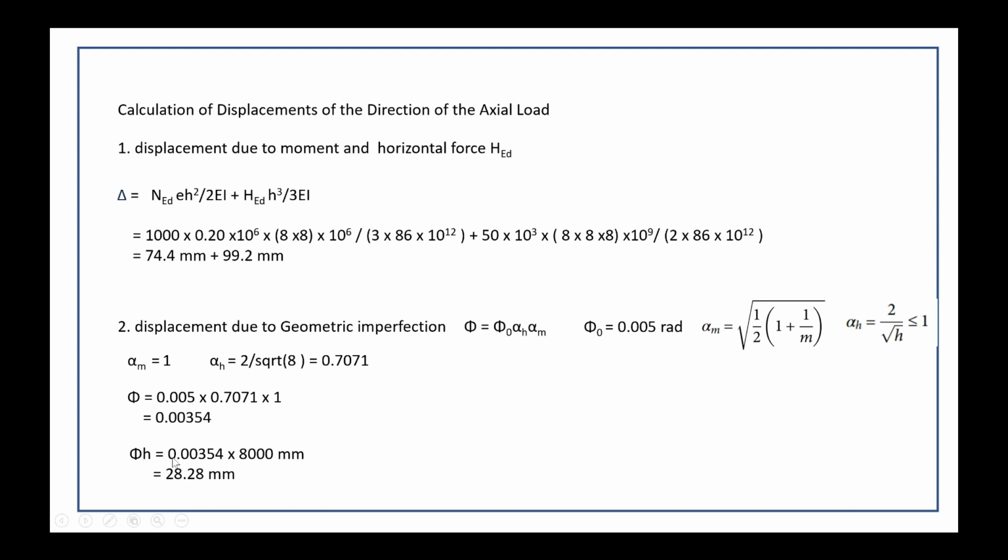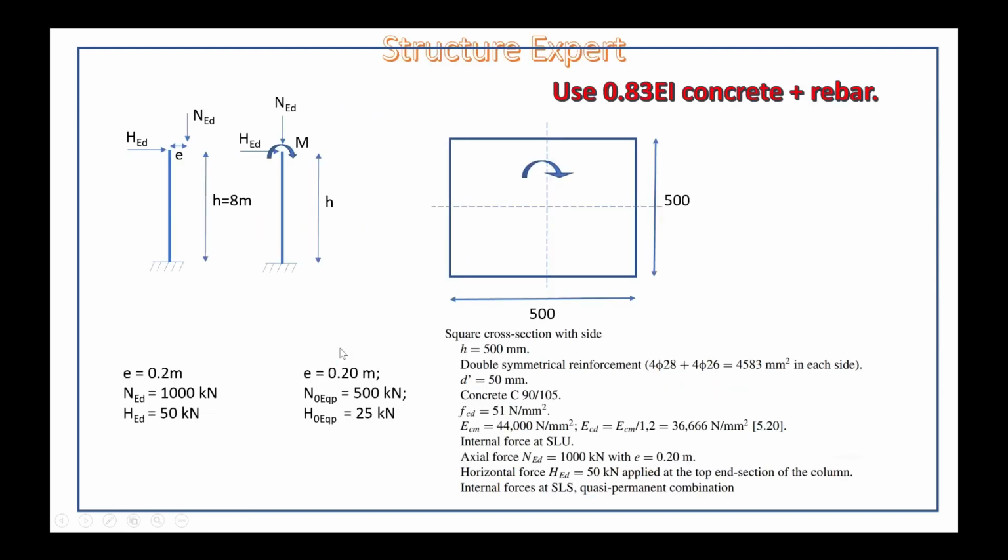For the displacement, this angle phi multiplied by h is equal to 28.28 millimeter. The displacement due to imperfection of the global system is equal to 28.28 millimeter for the cantilever column.